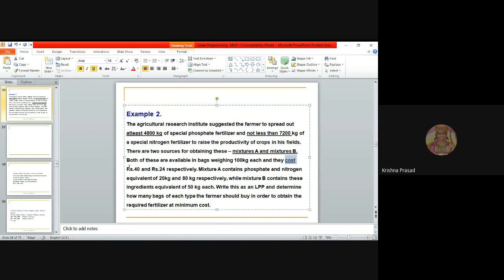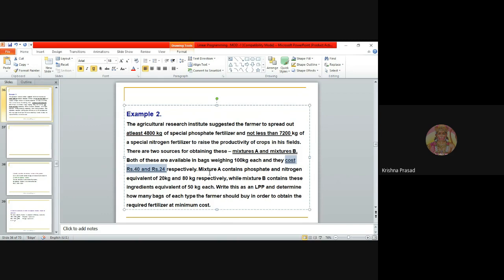Cost means minimization. Profit means maximization. So we know the decision variables: mixture A is x1, mixture B is x2, and cost means minimize z is equal to, not maximize, minimize z is equal to.